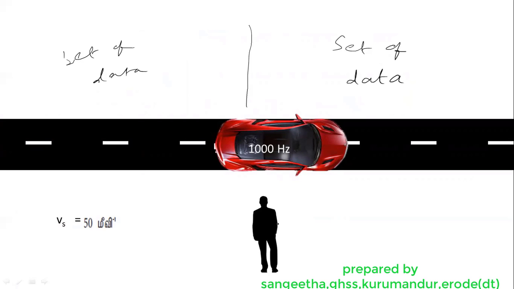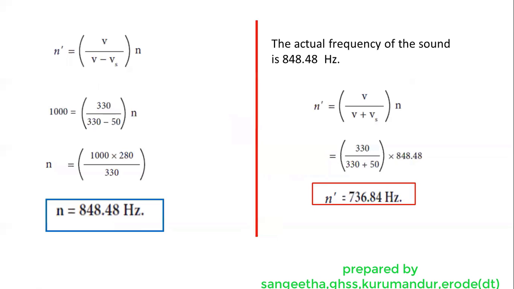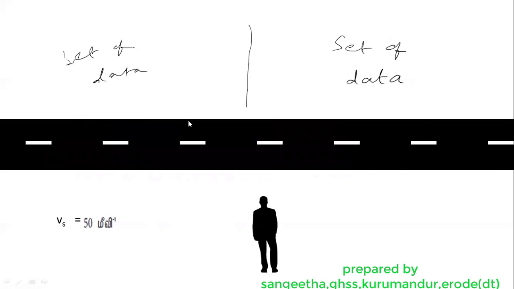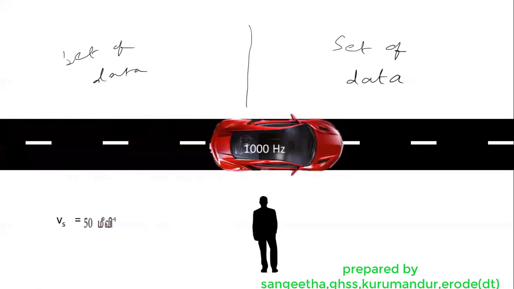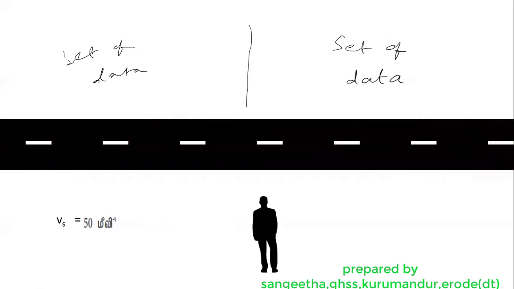One is that the observer is stationary and the source is moving towards the observer. That is the first part. And the second part is that the source is moving away from the observer.